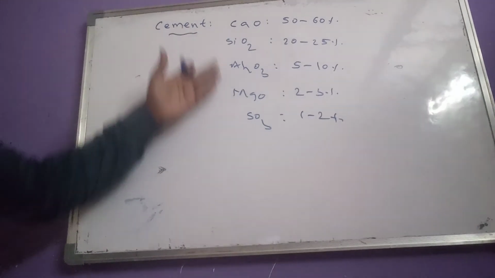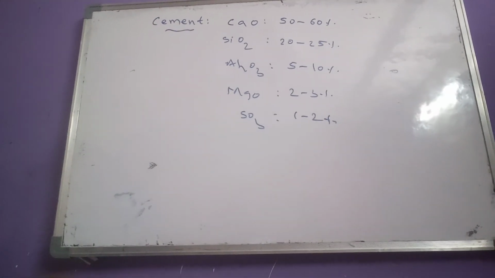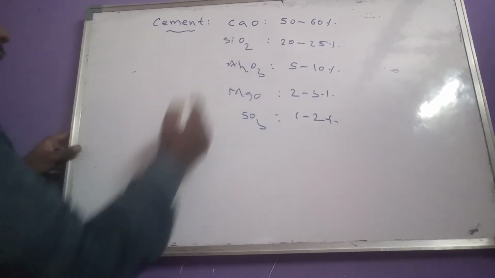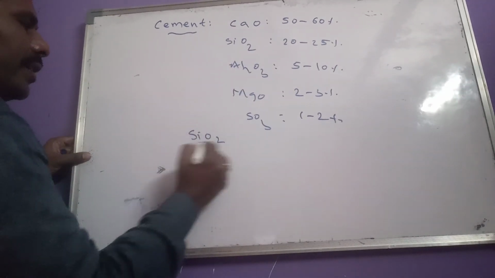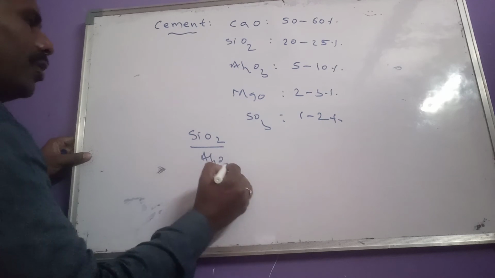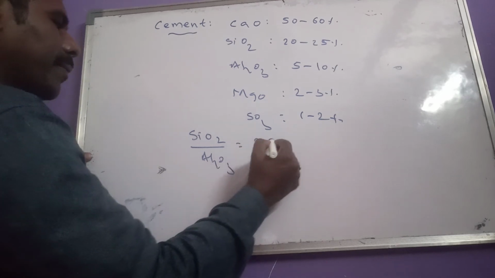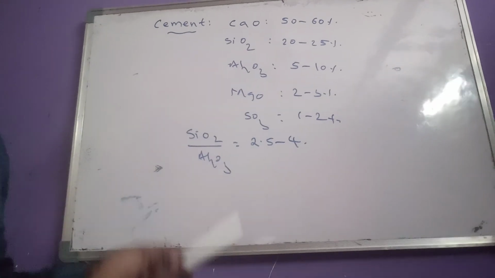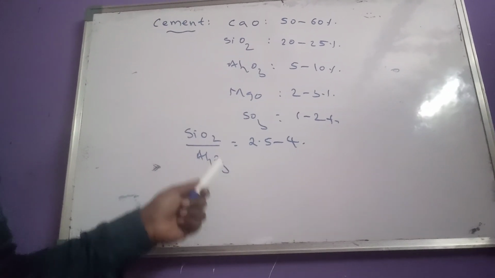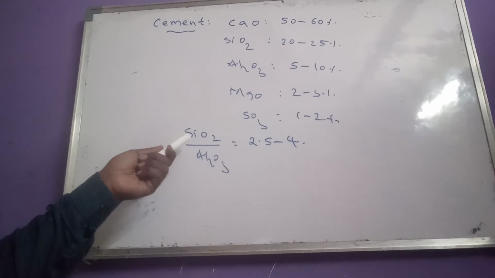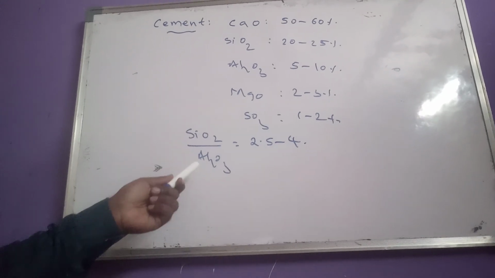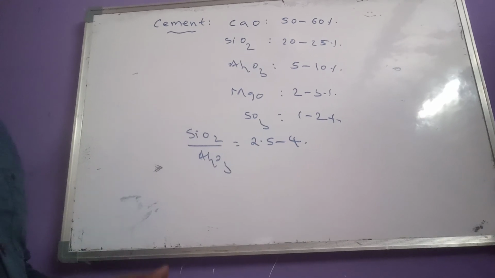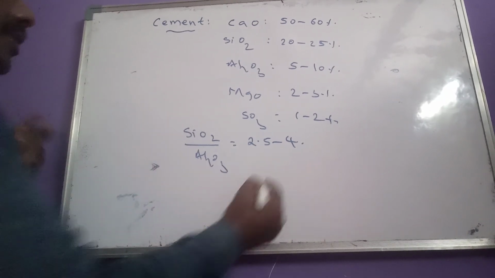This is the composition of Portland cement. And one more thing: the ratio of SiO2 to Al2O3 should be between 2.5 and 4 to get good quality cement.